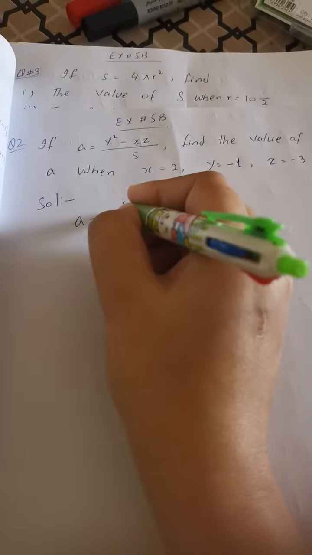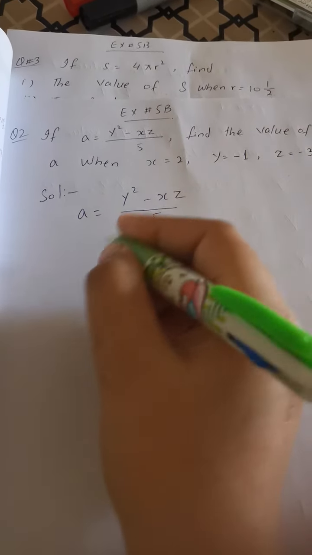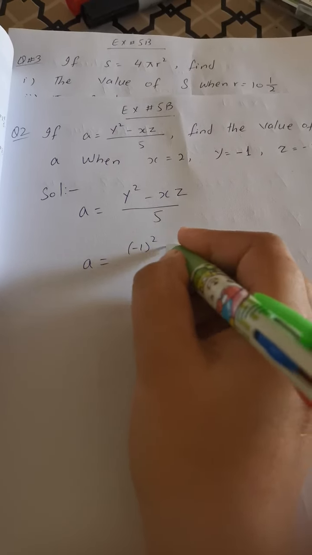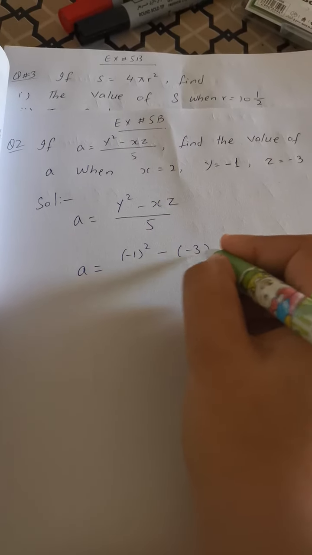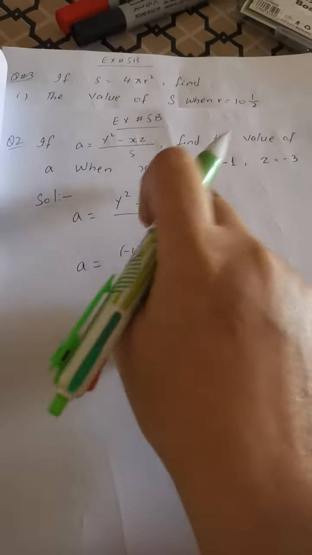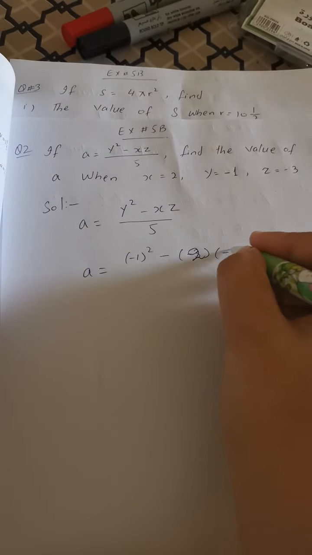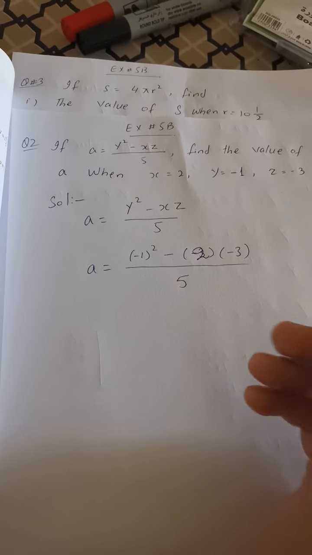A is equal to y square minus xz over 5. So a is equal to, what is y? Minus 1 square minus, what is x? Sorry, this is 2. And what is z? Minus 3 over 5.